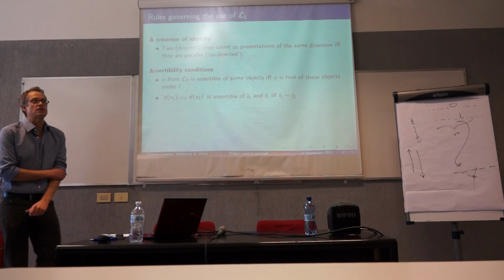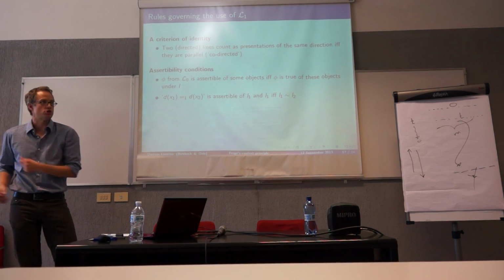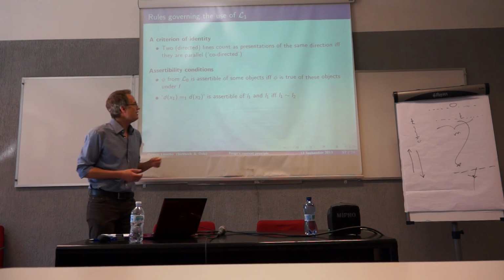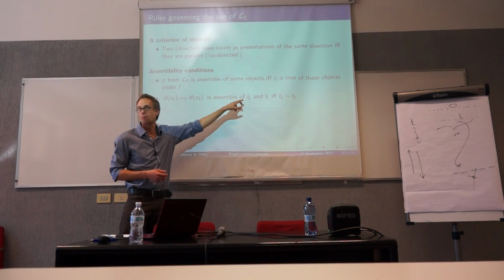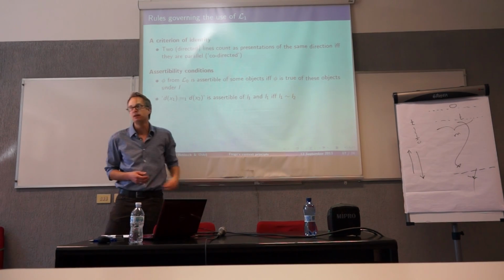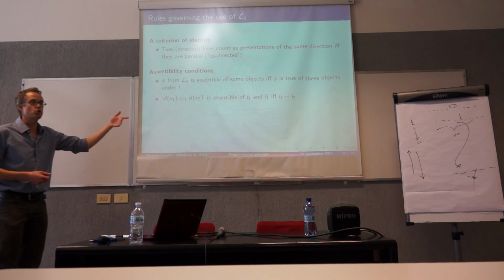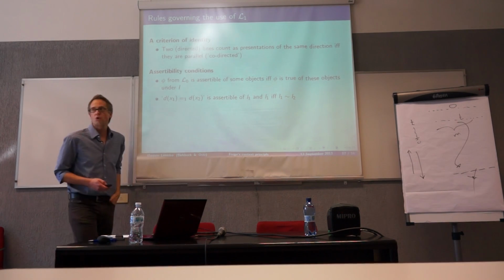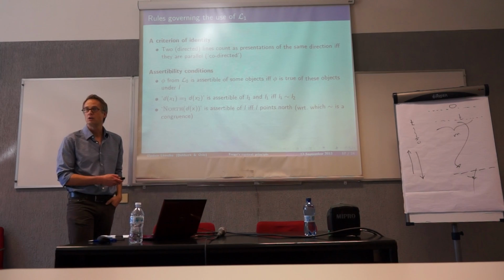So what do we say? Well, an identity statement of the form, this direction is identical with that direction, that will be assertable if and only if the two lines that one picked out, L1 and L2, say, if and only if they're parallel. Right, so I've specified the suitability conditions for identity statements. What about other predications made of directions, like being north pointing?